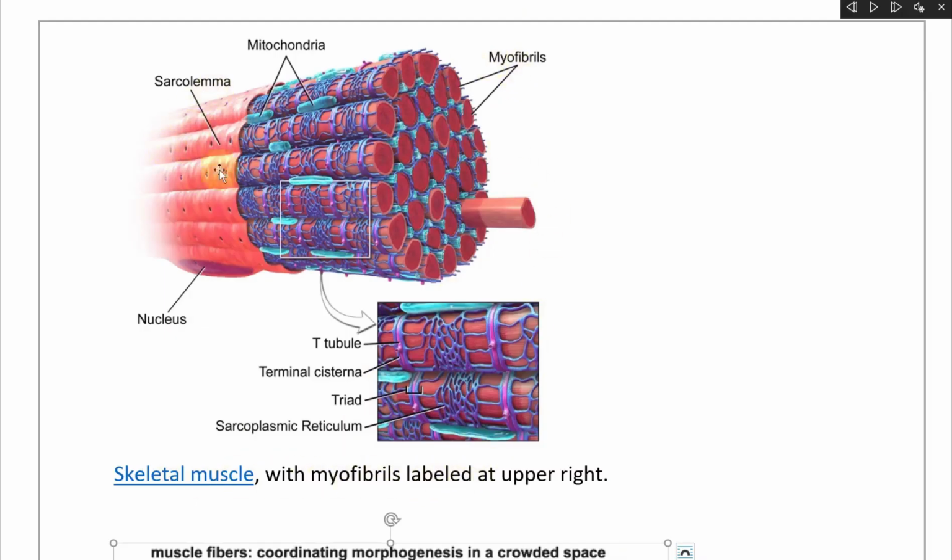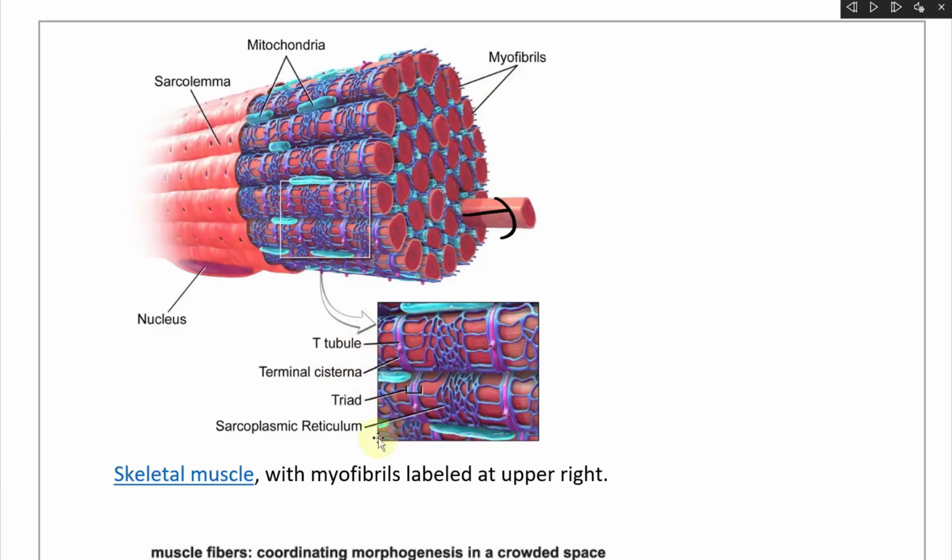So you have this part right here called the sarcolemma, and then you have the nucleus stretched on the outside there. There's a mitochondria squeezed in between these myofibrils. So there's the myofibrils, those bundles right there, and these are other parts of it. If you zoom in on this side, this is called the terminal cisterna, and the T-tubule over there.